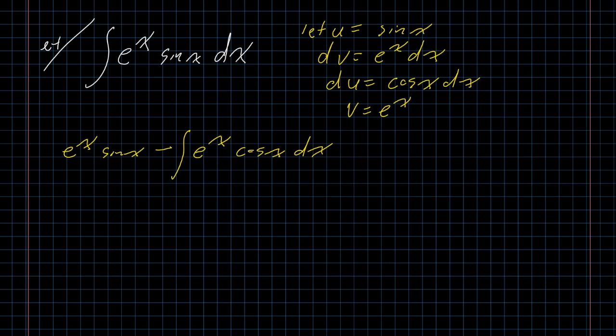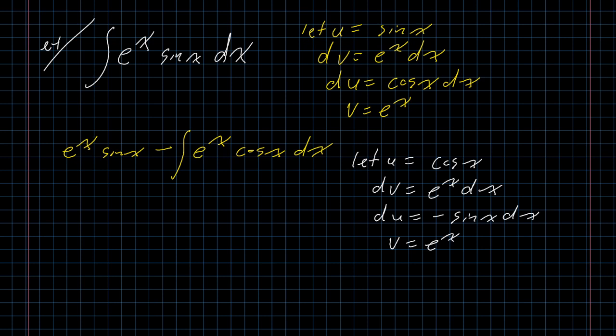The integral we're left with after we integrate by parts is two different functions multiplied together, so we should probably integrate by parts. I guess u is going to be cosine of x, dv is going to be e to the x dx, and from that I get that du is the negative of sine x dx, and v is just e to the x.